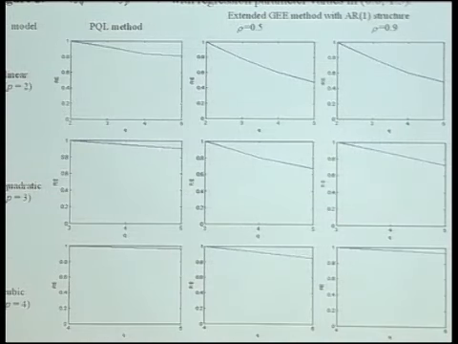We have also computed the relative efficiencies for Maximin designs. Here in the case of linear model, for example, in the PQL method, as the number of repeated measurements increases, we compute the relative efficiency of the Maximin design with 3 repeated measurements relative to the Maximin design with 2 repeated measurements.